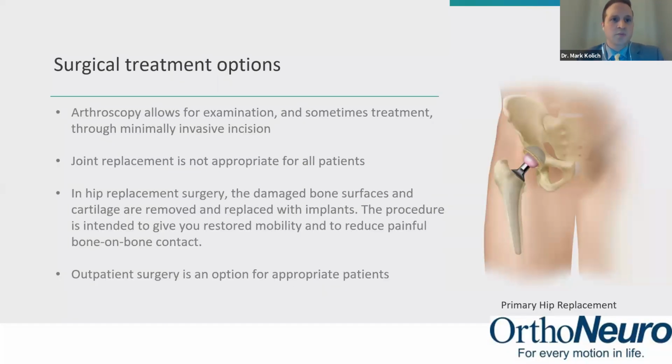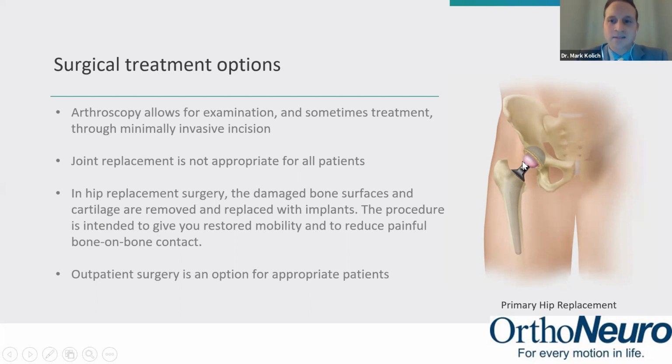So surgical treatment options. So arthroscopy. Arthroscopy is utilizing small incisions, and they'll insufflate the joint with some fluid and place a camera within the hip joint and do any debridement that essentially needs to be done. This is generally for cartilage-related injuries around the acetabulum, which is the socket side.